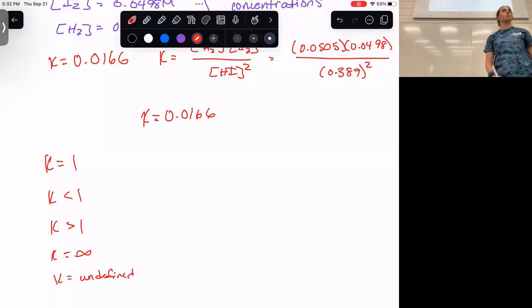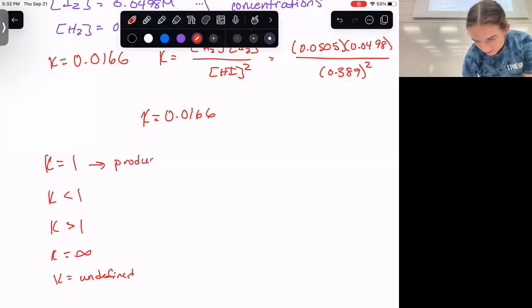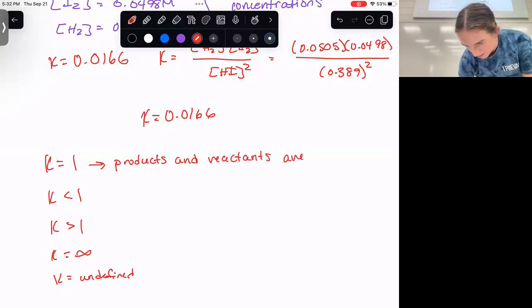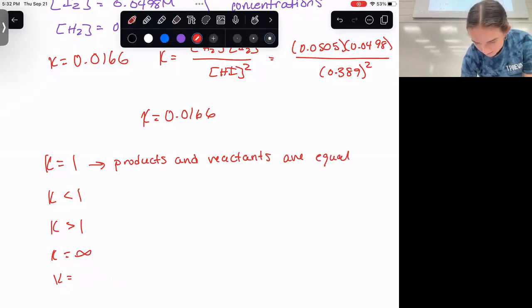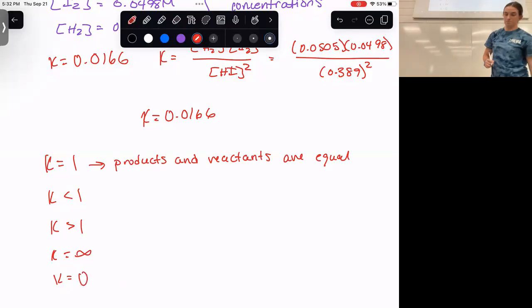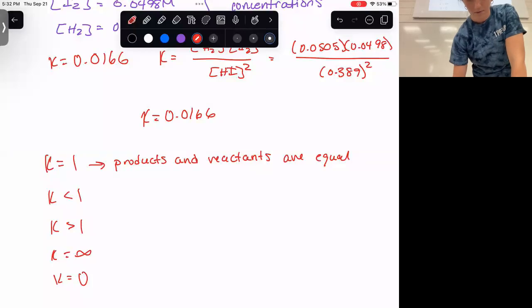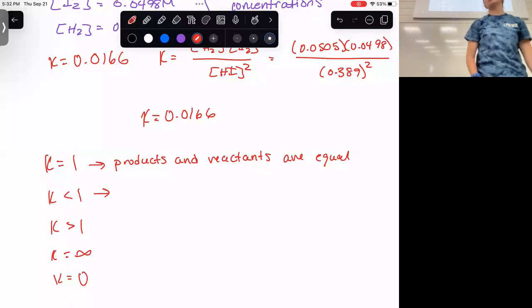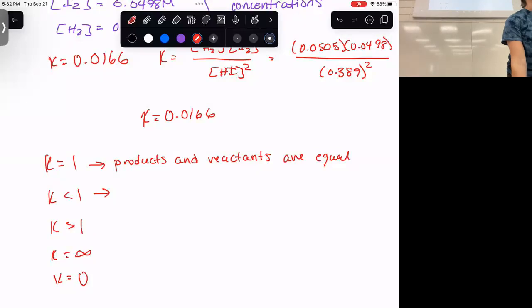If K is equal to 1, what does that mean about our products and reactants? Yep, they're equal. I'm sorry, this is not undefined, this is zero. If K is less than 1, which is going to be more favored, your numerator or your denominator?